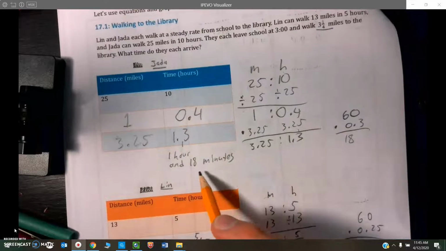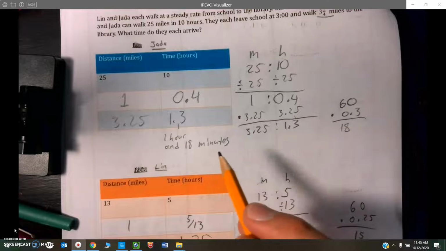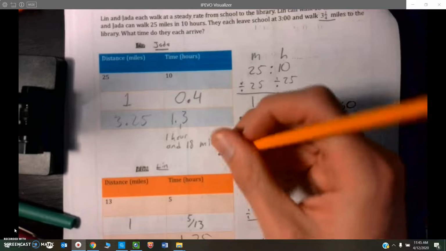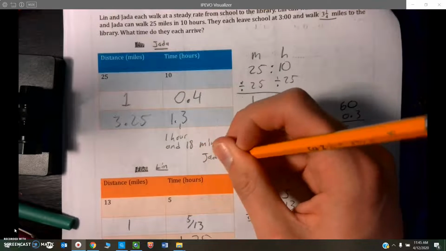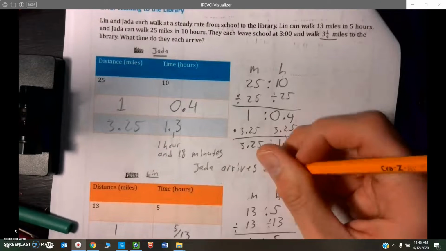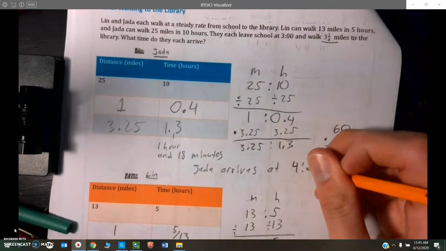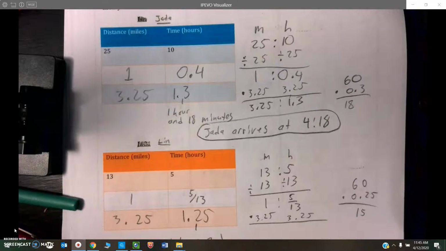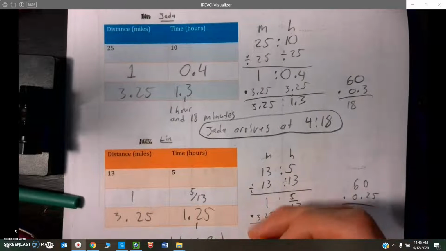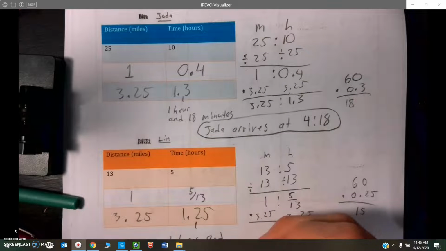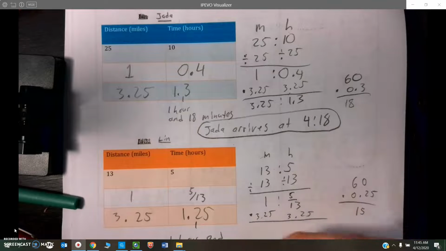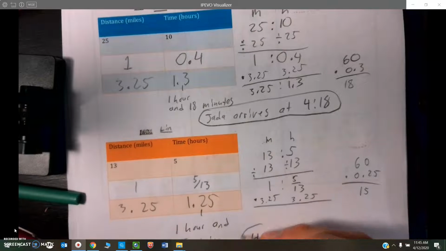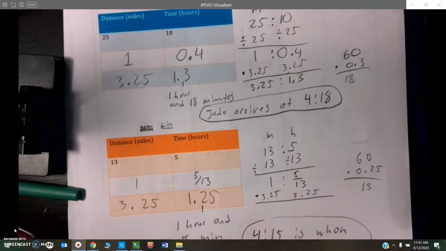If she left at 3 and it takes her 1 hour and 18 minutes, then she would arrive at 4:18. And Lynn would arrive 1 hour and 15 minutes after 3. 4:15 is when Lynn arrives. So Lynn would just be beating Jada by a few minutes.